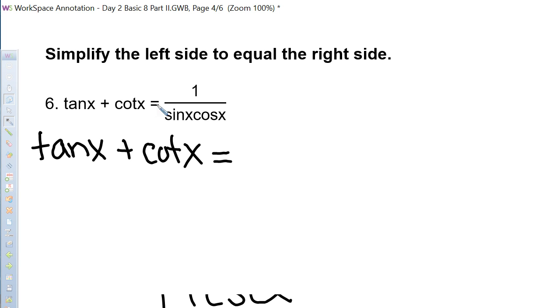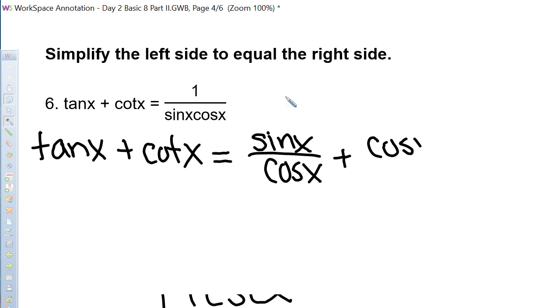Any ideas of where we could start there? Change everything to terms of sine and cosine. Instead of tangent, I could change that to sine over cosine. Instead of cotangent, I could change that to cosine over sine. What could I do next?